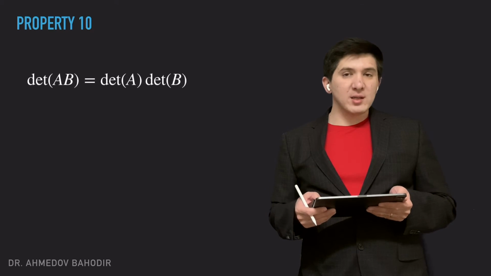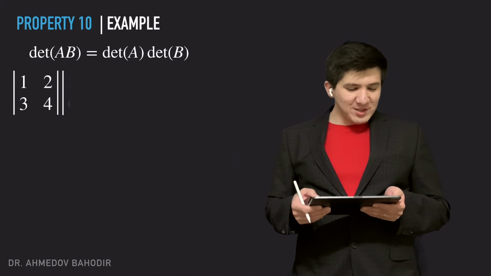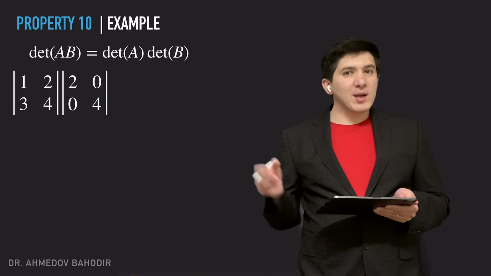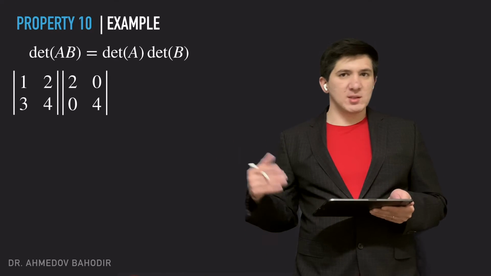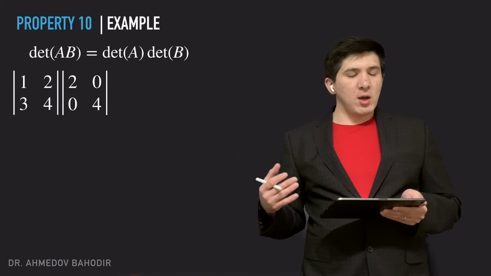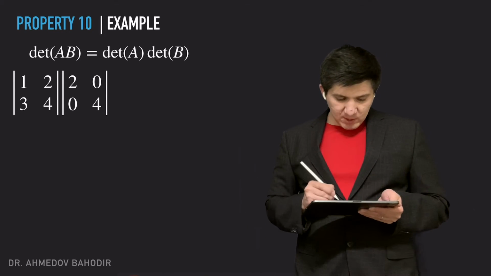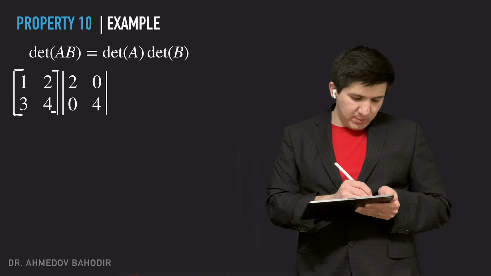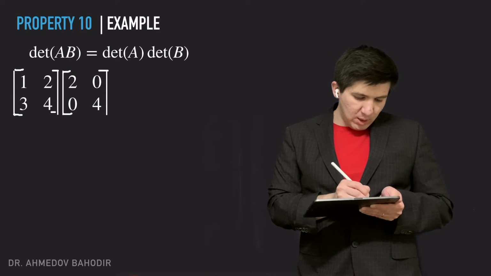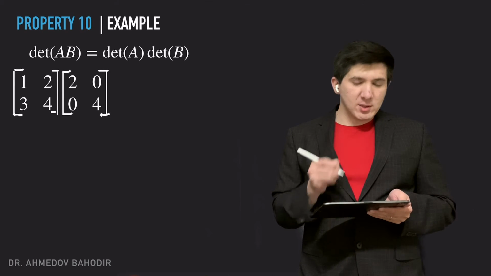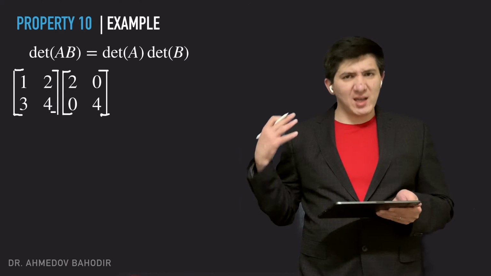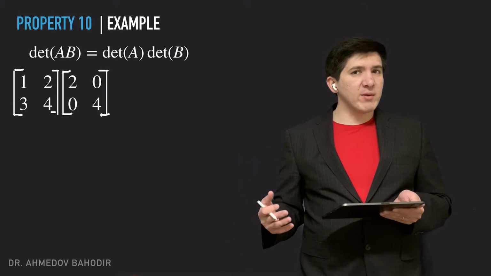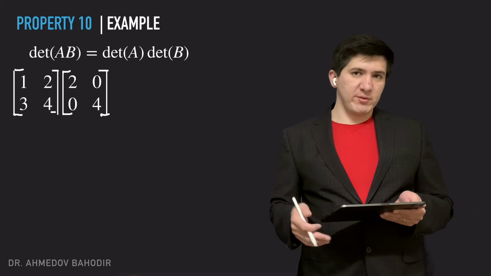Let's say you've got the two matrices, 1, 2, 3, 4, and now the matrix 2, 0, 0, 4. We can find the determinant of each of these matrices separately, okay? But now let's just multiply them. So let's say we're given the matrices, not the determinants. If you multiply the second matrix with the first one, since this is a diagonal matrix multiplied from the right-hand side, it is going to scale the columns of the first matrix.